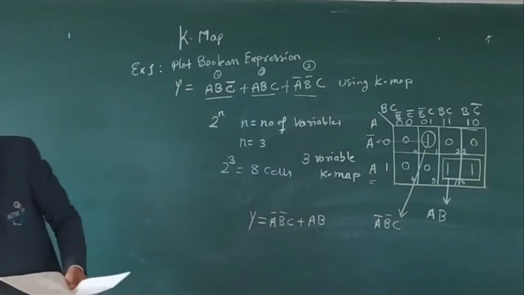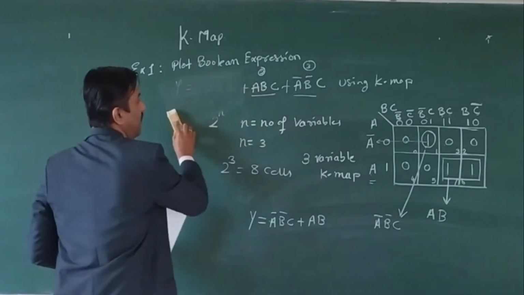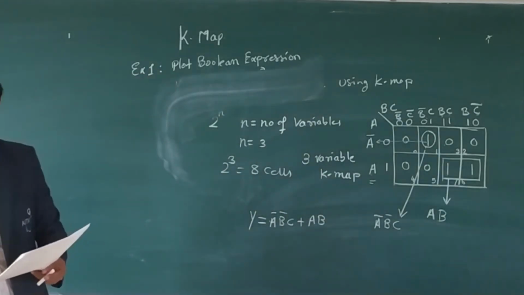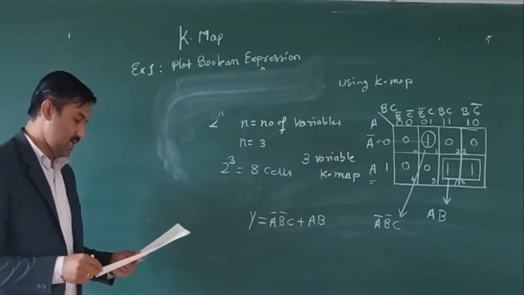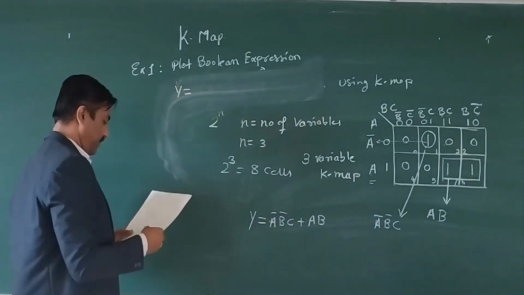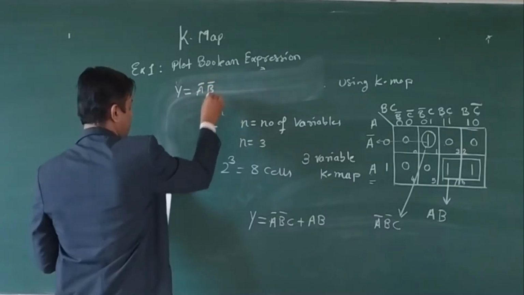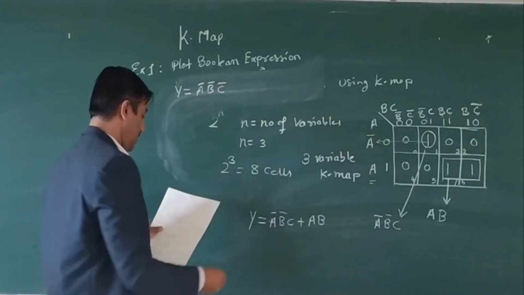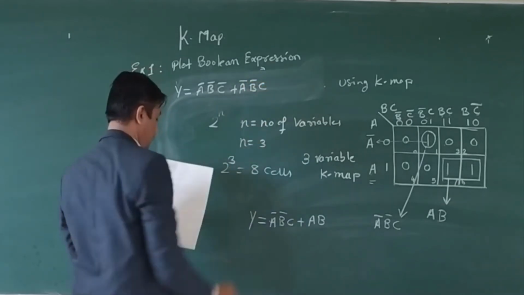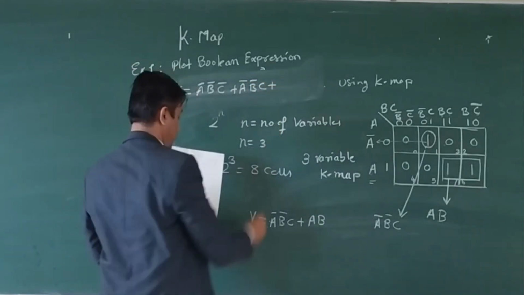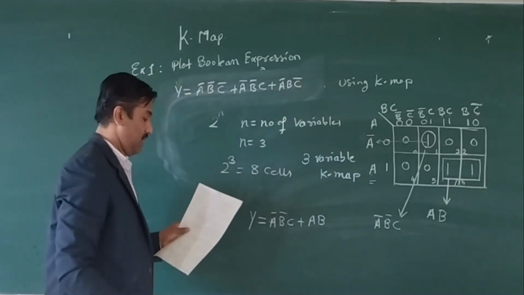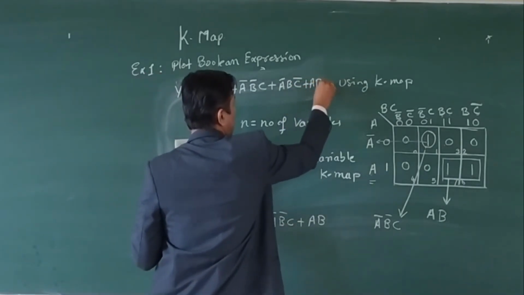Okay, so the next example that I am going to take is Y equal to A bar B bar C bar plus A bar B bar C plus A bar B C bar plus A B C bar.